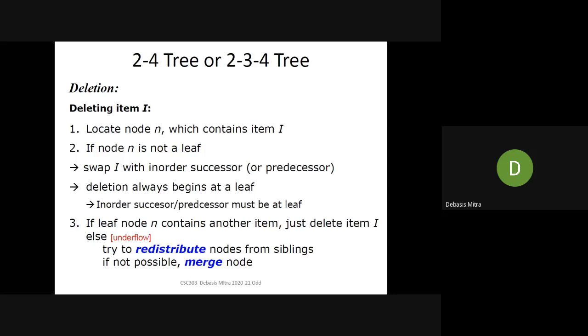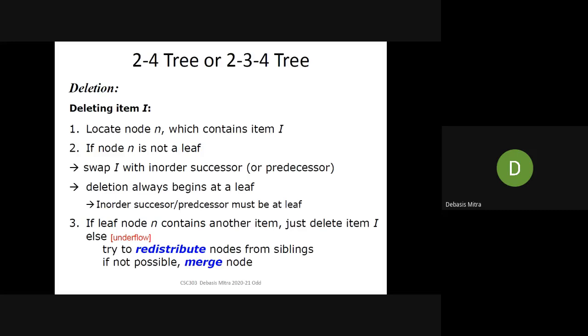Now, sometimes it may so happen that it is not possible, that both the siblings, left and right, are also having just the minimum number of elements. They are not having any extra, so they cannot provide any element as a borrow. The node from where we have deleted cannot borrow from its siblings, because in that case the sibling may become underflowed.